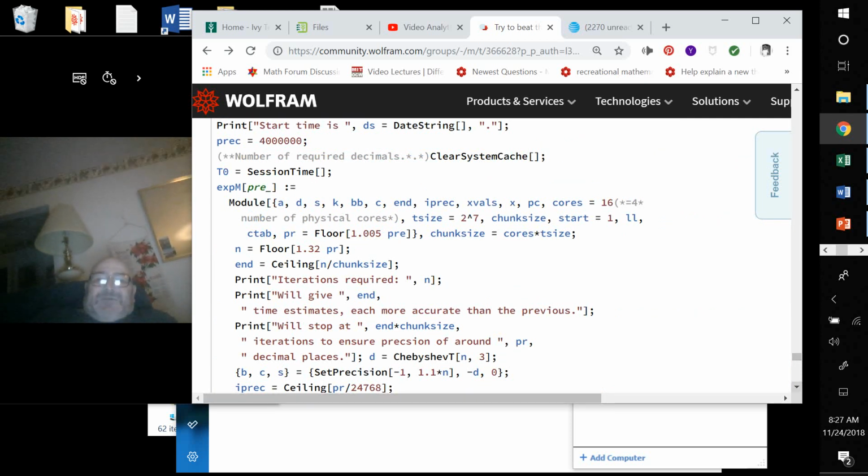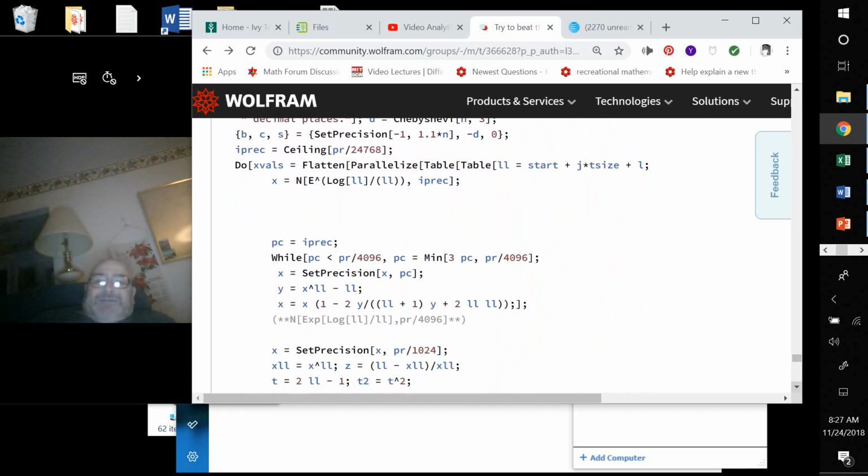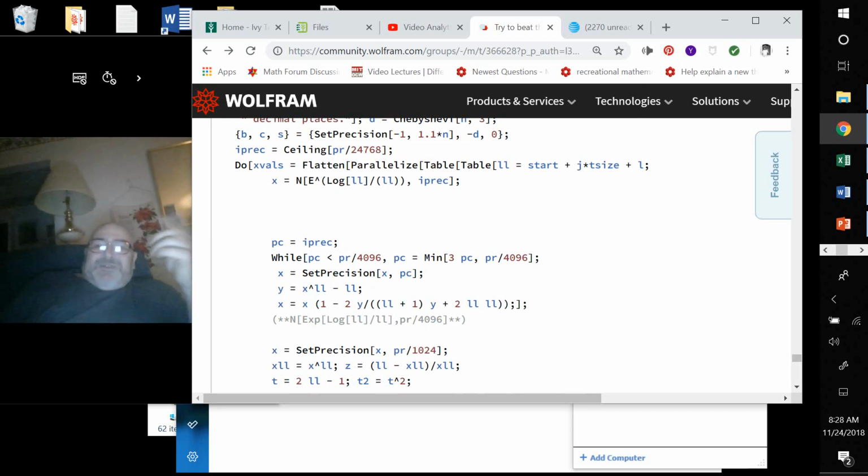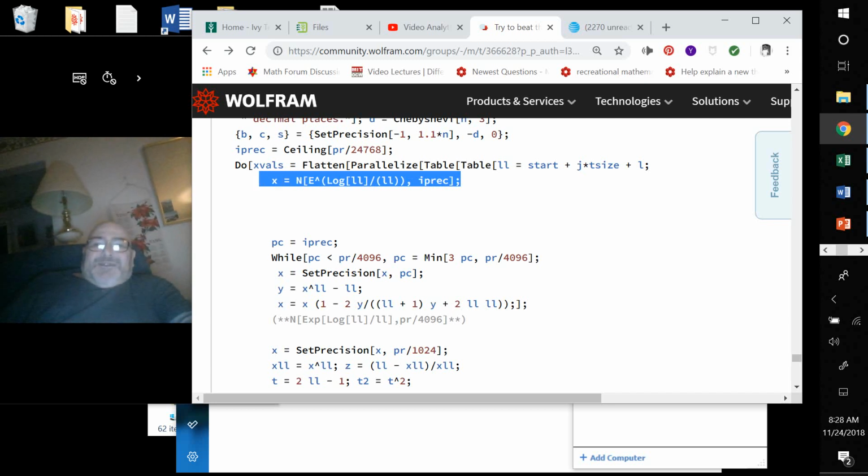It has a part where it computes the square root of 2, the cube root of 3, the fourth root of 4, and so forth. And it has Mathematica compute so many of the digits. And then it uses Crandall's algorithm to compute the rest of the digits.